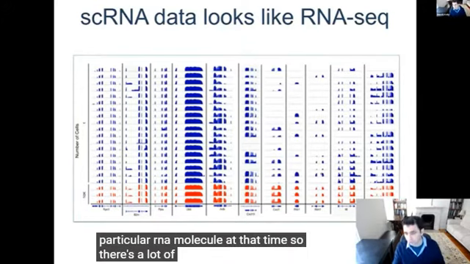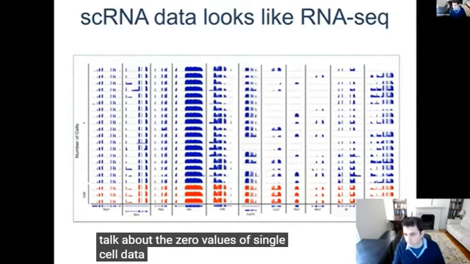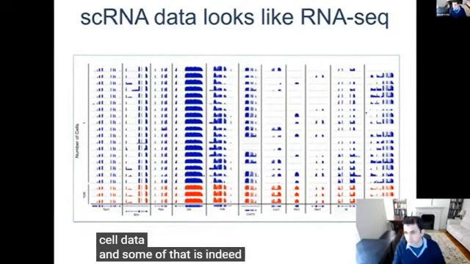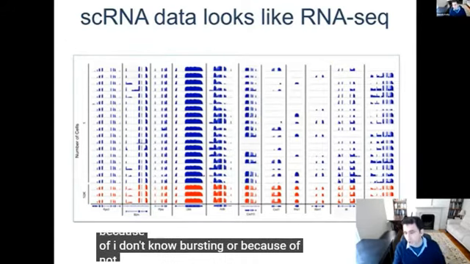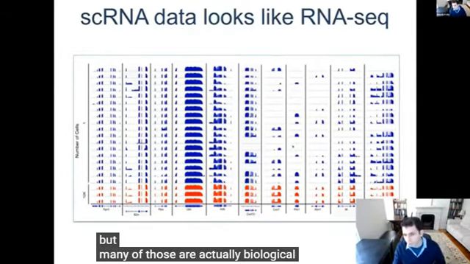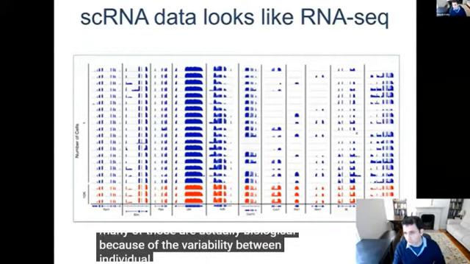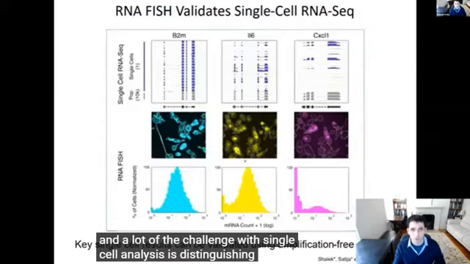So there's a lot of talk about the zero values of single cell data. And some of that is indeed technical because of bursting, or because of not being able to capture all of the RNAs in a tiny little prep. But many of those are actually biological because of the variability between individual cells. And a lot of the challenge with single cell analysis is distinguishing those two.